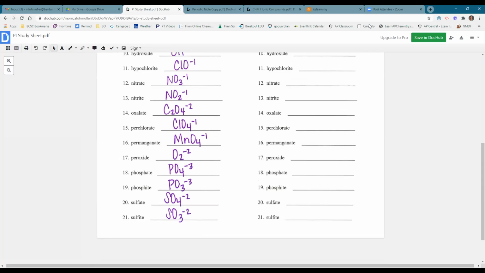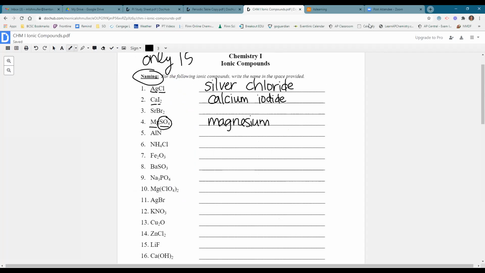So instead of calling it sulfur oxygen or sulfur oxide, the correct way to name the SO4 would be to use the term sulfate. I'm pointing right there, I don't know if you can see. Okay, so for the answer of MgSO4, magnesium would be the Mg portion, but then sulfate would be the SO4 name.